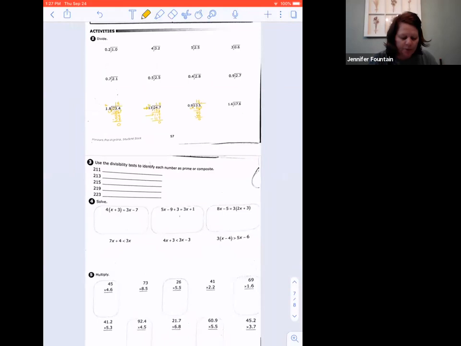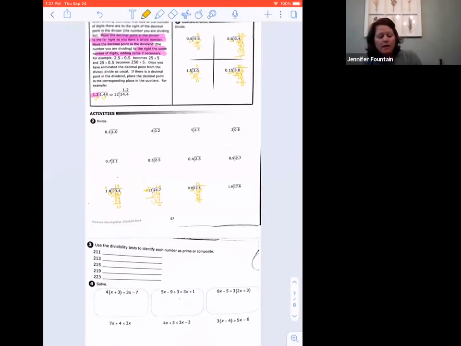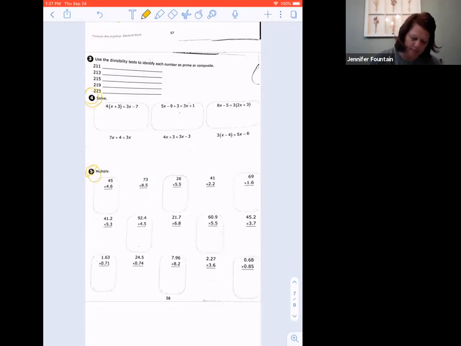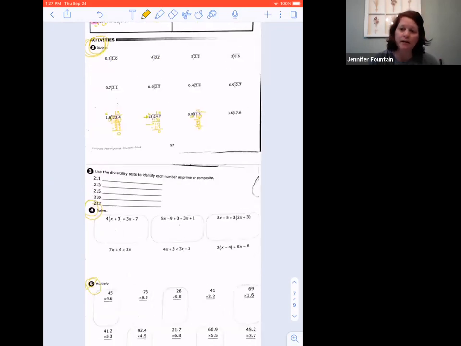We will take time for break in just a minute, and when we come back, I forgot to do one, so I'll finish that one in that bottom row. Then we're going to cover the next section dealing with powers of 10, and then we're going to have some work time, the kind of thing where you can work through. We'll be finishing activities 2 during our work time, and we will be doing activities 4 and activities 5. So go ahead and take a 5-minute break, and we'll come back and finish up that last one in activities 2.